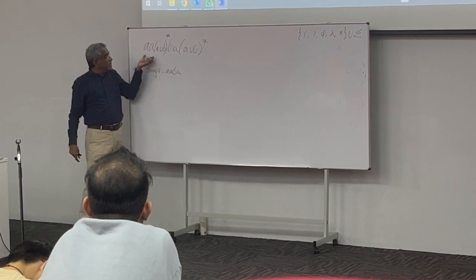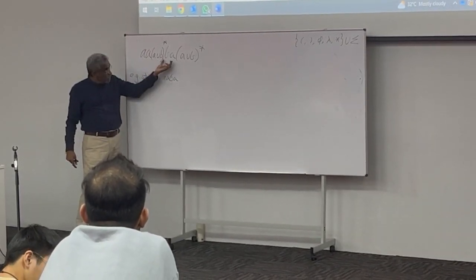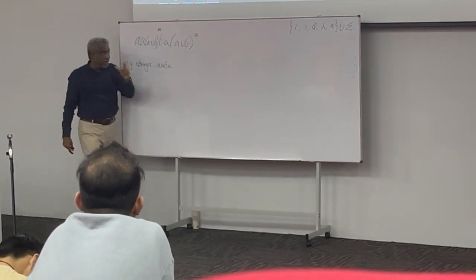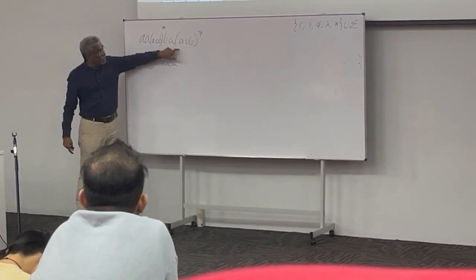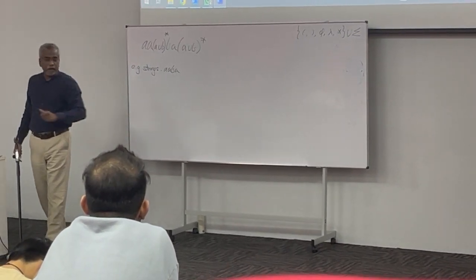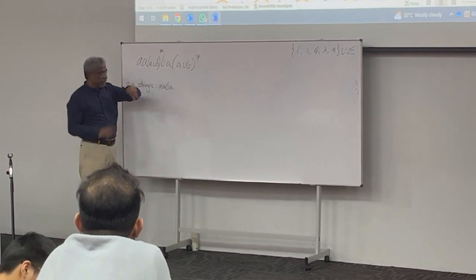Here we read this as AA followed by (A or B) star, followed by BA, followed by (A or B) star. It is not read as AA multiplied by (A or B) star multiplied by BA multiplied by (A or B) star. No, it is followed by. So when both take value 0, we get AA followed by BA.